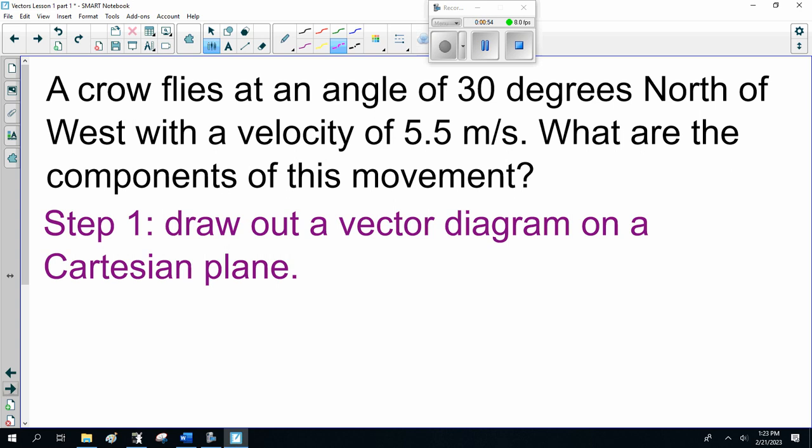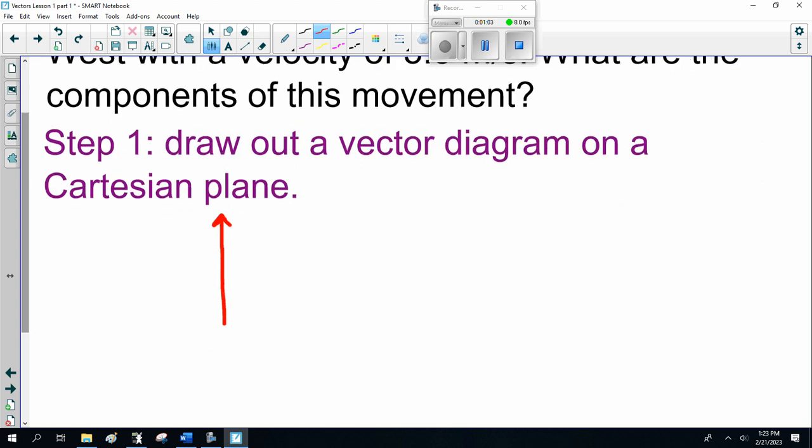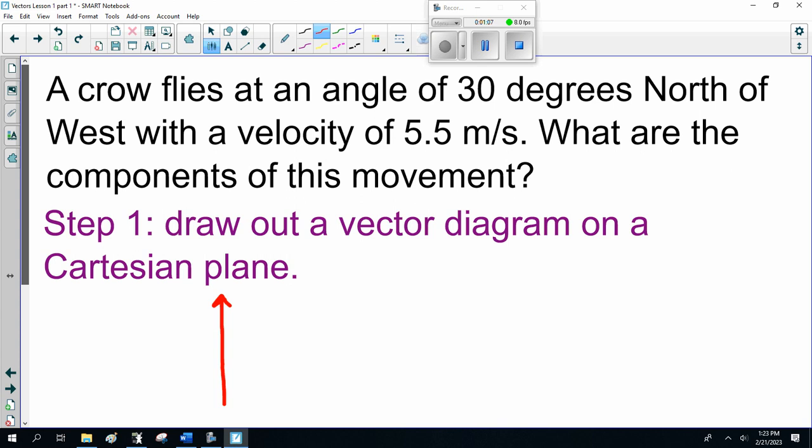Well, step 1, draw out a vector diagram on the Cartesian plane. North, south, east, west. So it flies 30 degrees north of west.